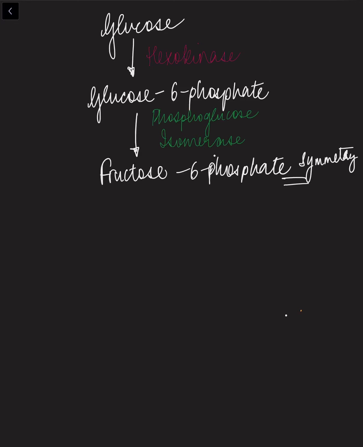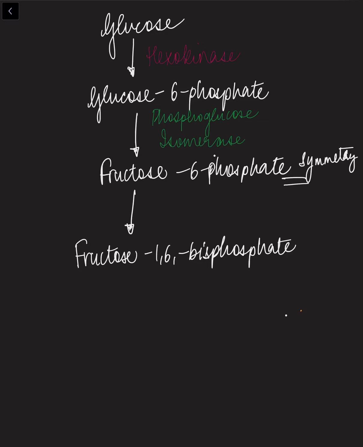So the fructose 6 phosphate is further converted into fructose 1,6 bisphosphate, and this reaction takes place under the enzyme phosphofructokinase.